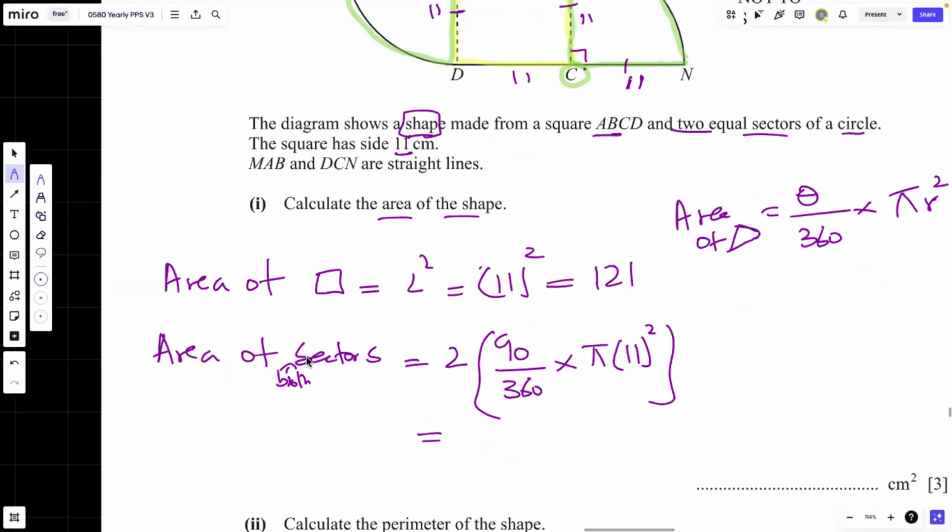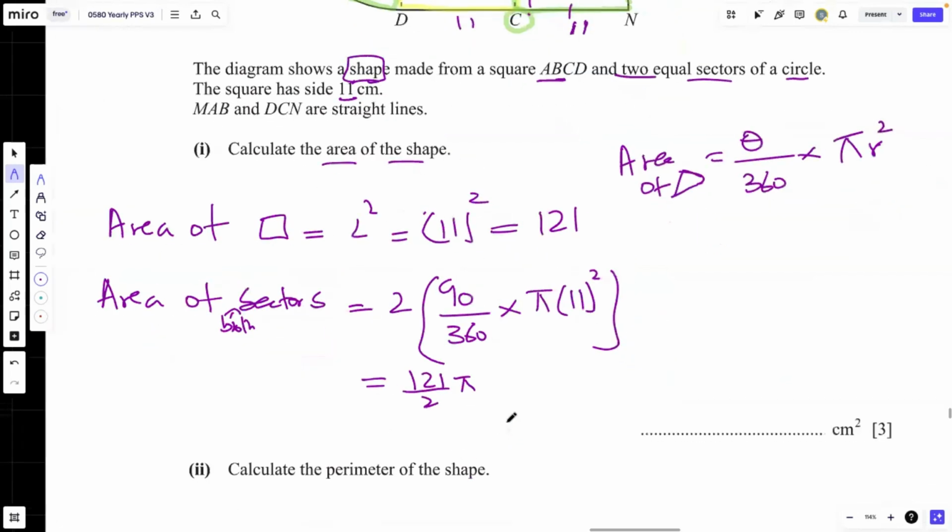We'll use the pi button on the calculator, instead of using any other value for it. And now we are getting the answer in decimals and in pi, but it's best to keep it in pi here. So we have a much more accurate final answer.